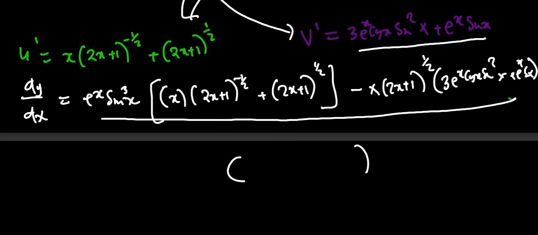So v squared, according to our question, is e^x sine 3x, squared.